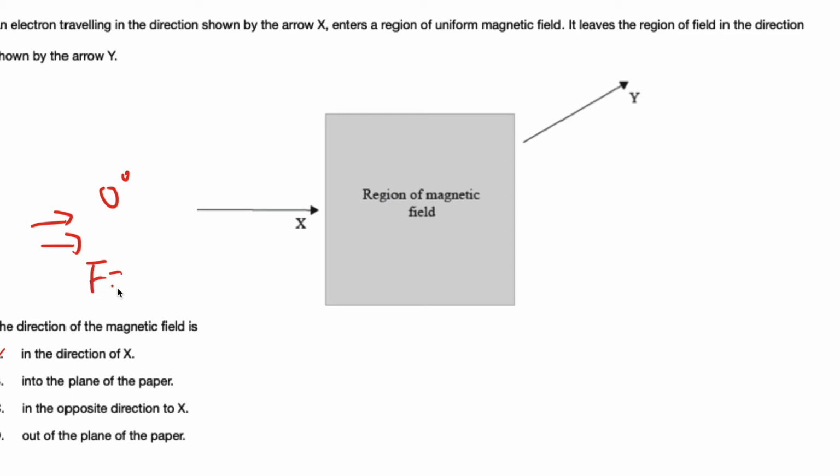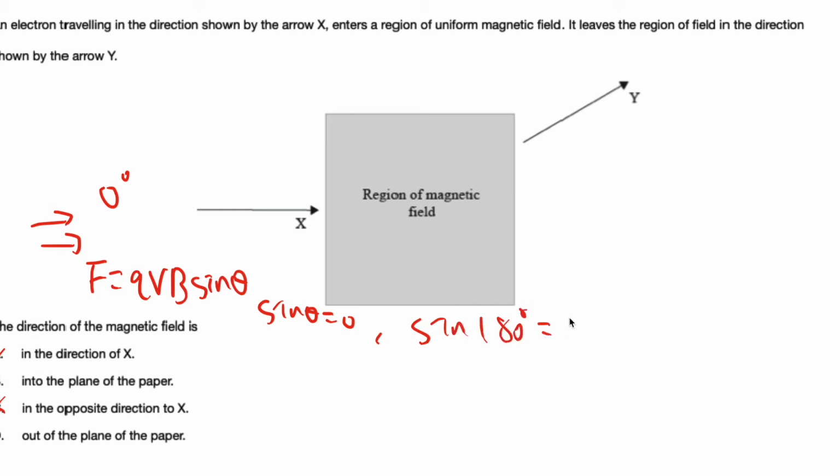And we know force is equal to charge times velocity times magnetic field times sine theta. Sine theta will give a value of 0. So this cannot be true. In the opposite direction, this also is wrong, because sine 180 degrees is equal to 0 as well. So it can only be B or C.